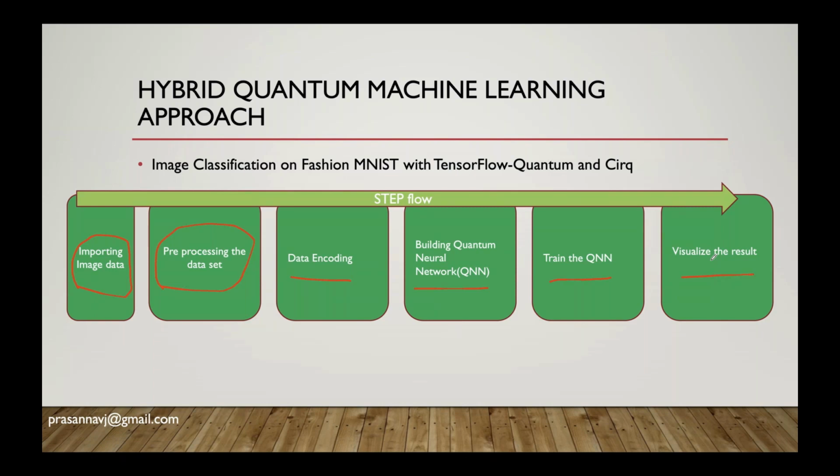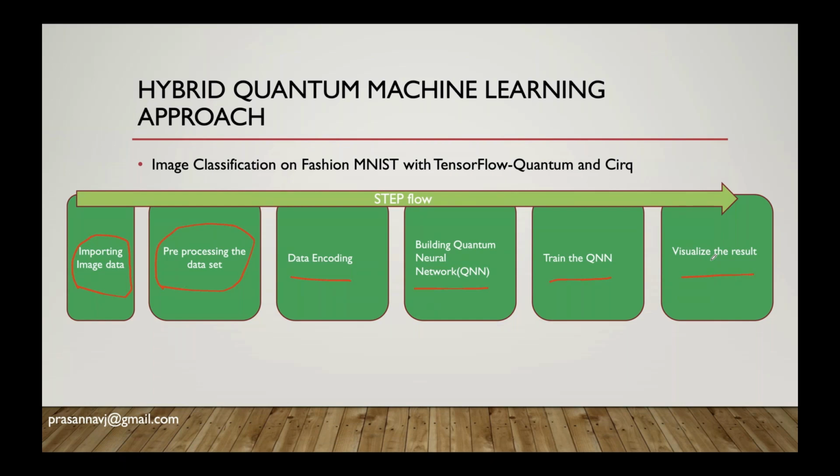I am touching only the basics of it, and there is a lot more available. The TensorFlow Quantum framework provides many algorithms which can work along with your classical machine learning algorithm combined with the quantum machine learning algorithm. So you can always go back and refer to those.